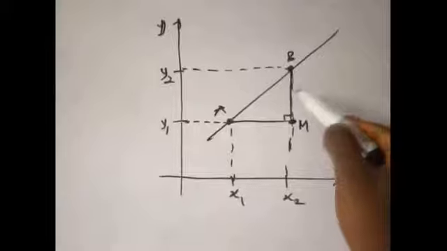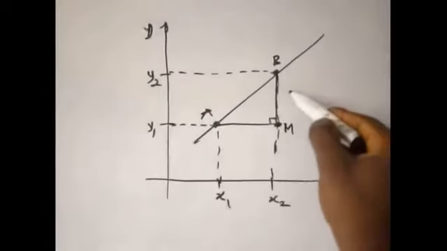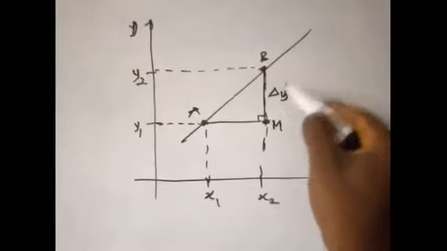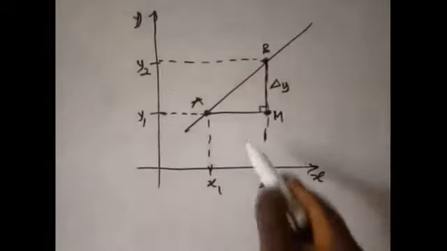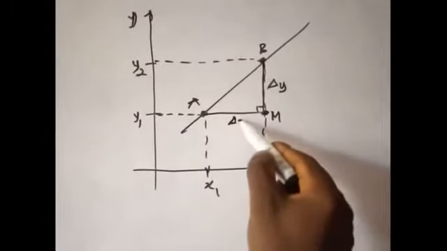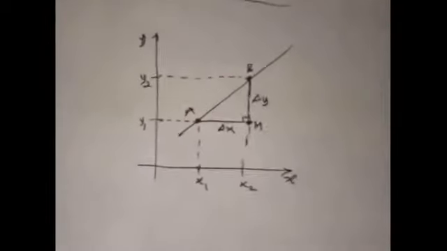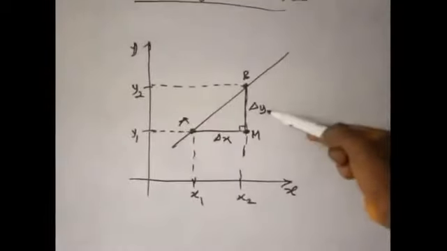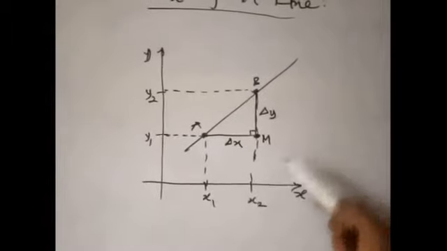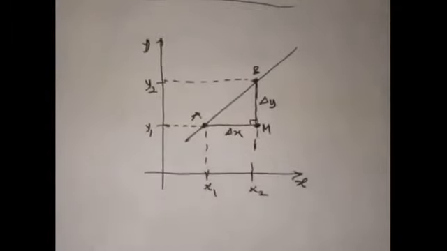Now the increment of the y-axis means change in y. Then the increment of the x-axis means change in x. Then slope or gradient is defined as the ratio of change in y over change in x.